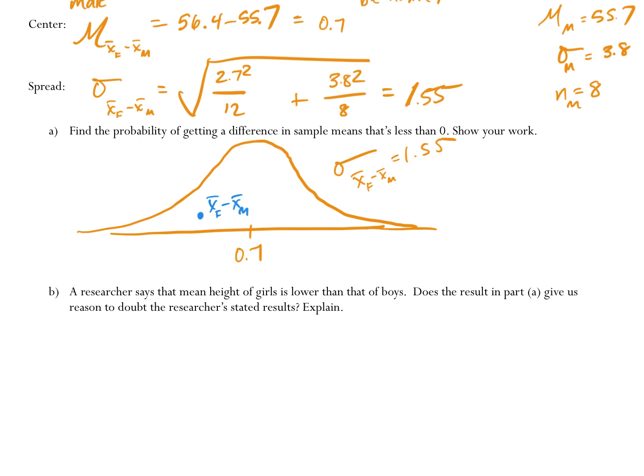All right, so if I want to find the probability of getting a difference that is less than 0, I'm putting a 0 on this graph, shading to the left.